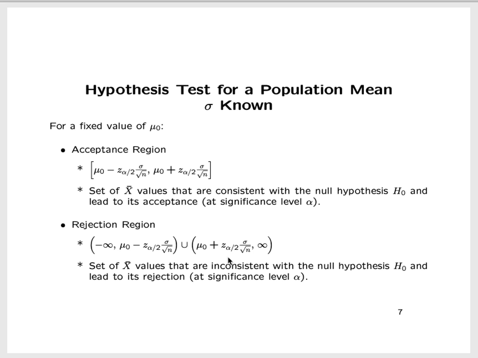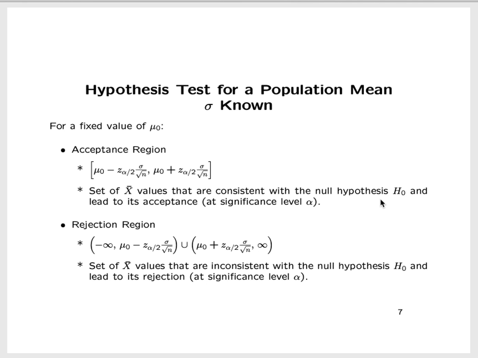This is the set of values for this particular form of a test that would lead us to reject the null hypothesis. These values comprise the set of values of x bar that are inconsistent with the null hypothesis and therefore lead to its rejection. Remember that if the null hypothesis is true, the probability of observing a value of x bar in this set is only alpha.